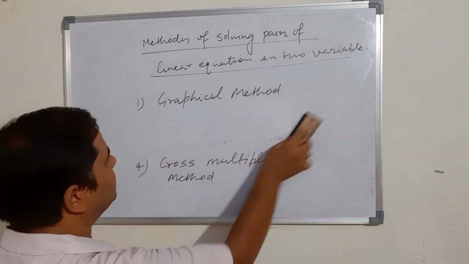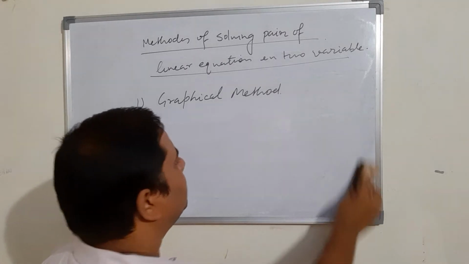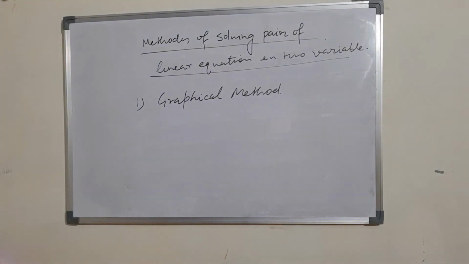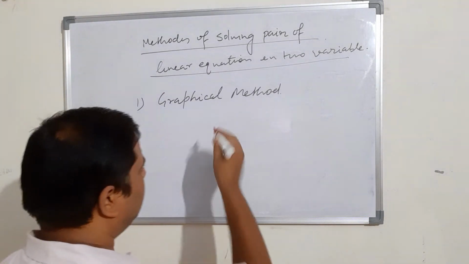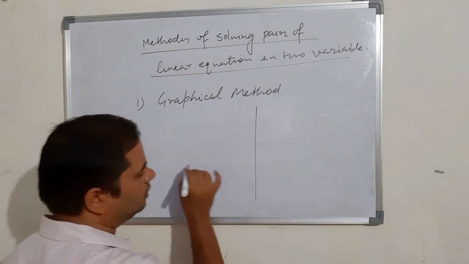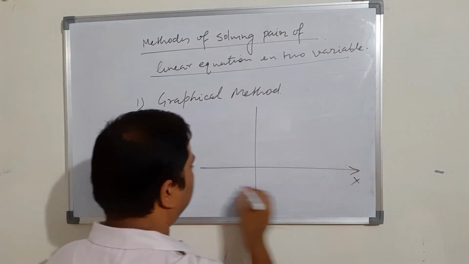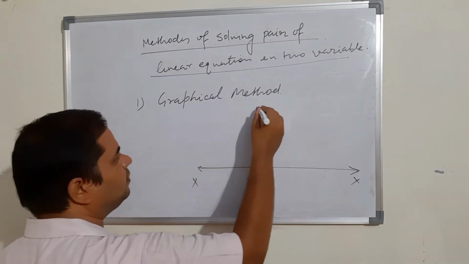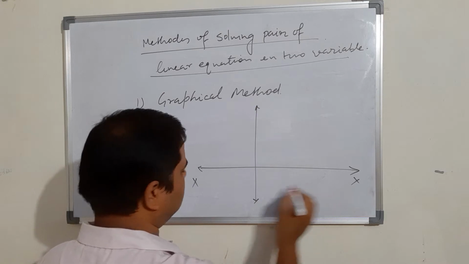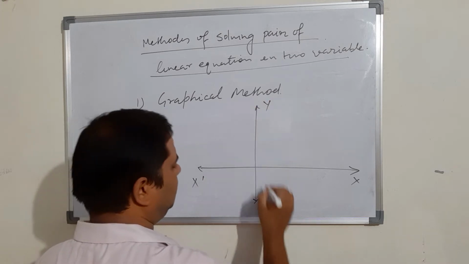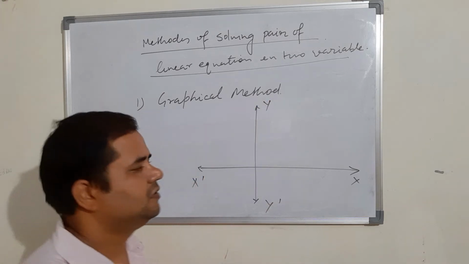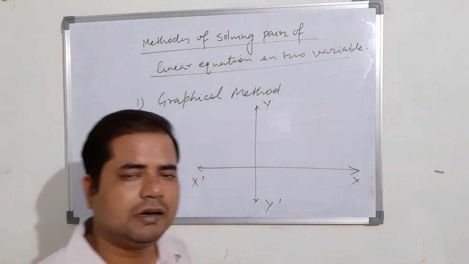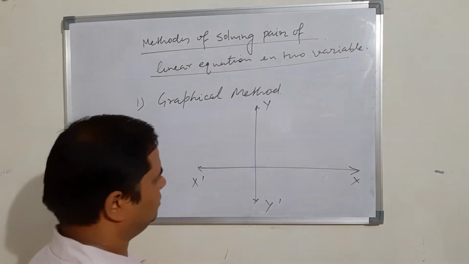The first one is graphical method. In graphical method we have to plot the graph of both the pair of linear equations, and then we see what is the condition of that particular pair of linear equation.